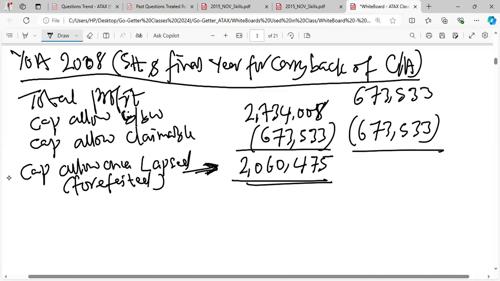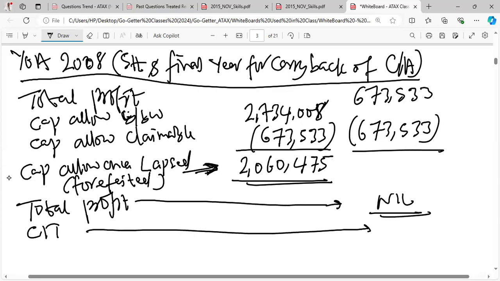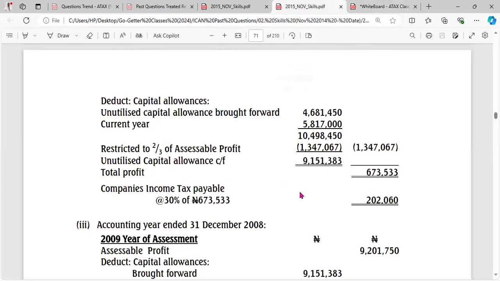And so your total profit is going to give you nil. Your CIT is still going to give you nil. Then your CIT refund will give you 202,060.